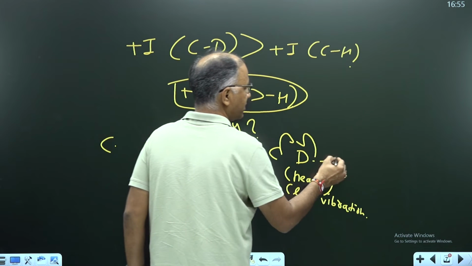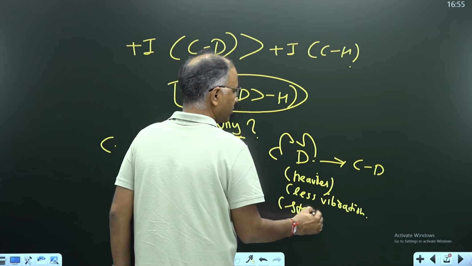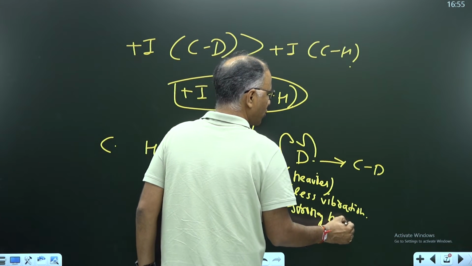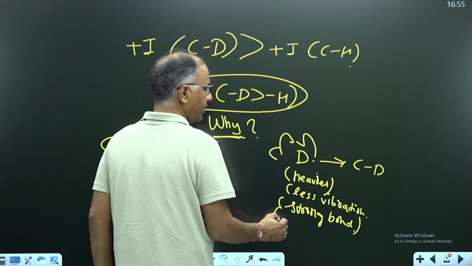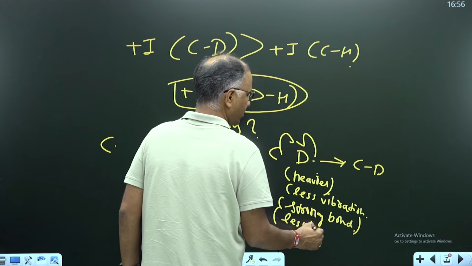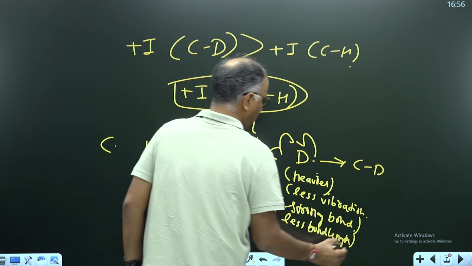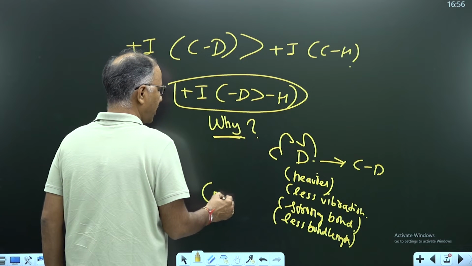Less vibration means strong bond, and a strong bond leads to, what is the bond length? Bond length will be less. Less bond length means more electron density.